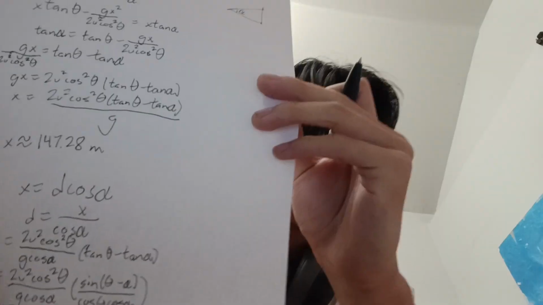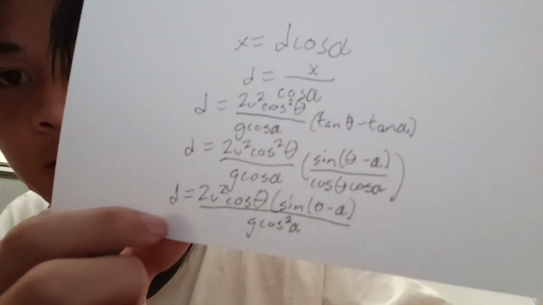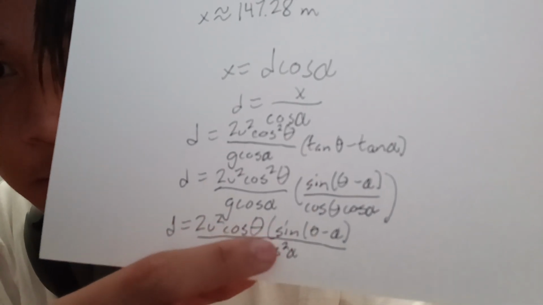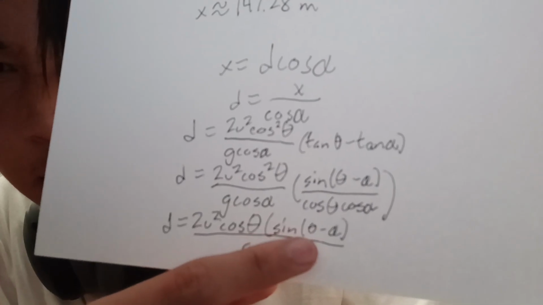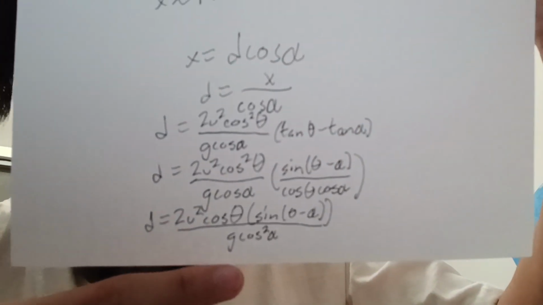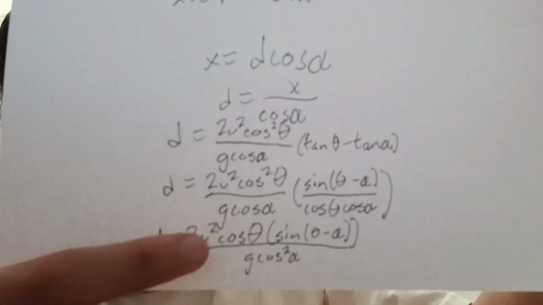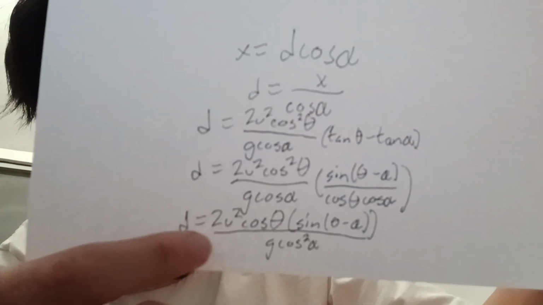And you get this. D equals 2v squared cosine theta times sine of theta minus alpha, over g cosine squared alpha. And now this up here can be converted into a more solvable form with a trig identity.